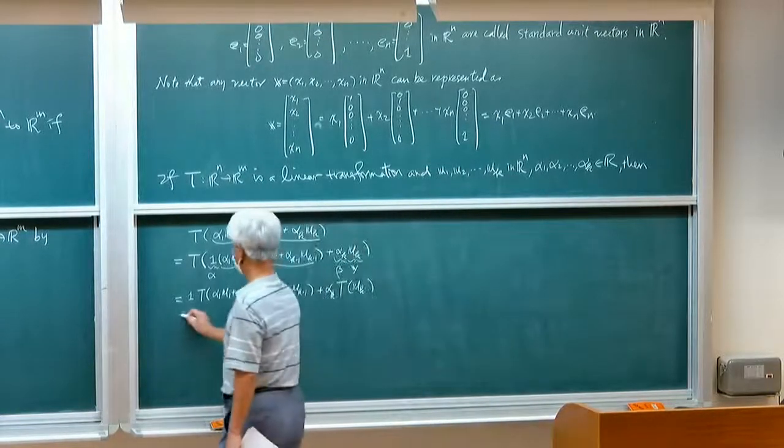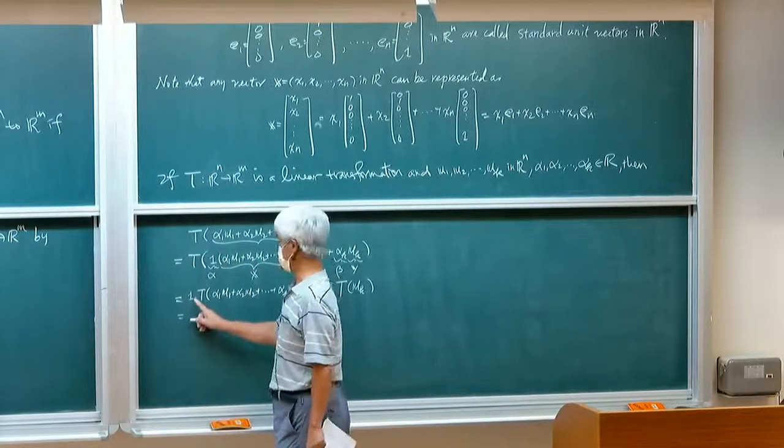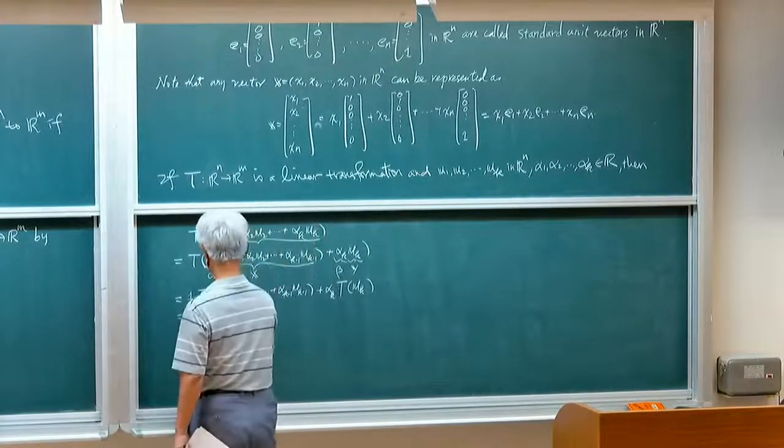And then 1 multiplied with a vector is just the vector itself.